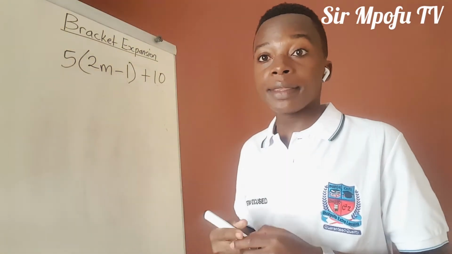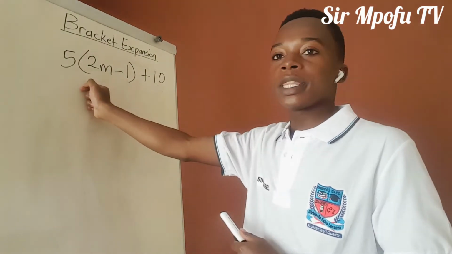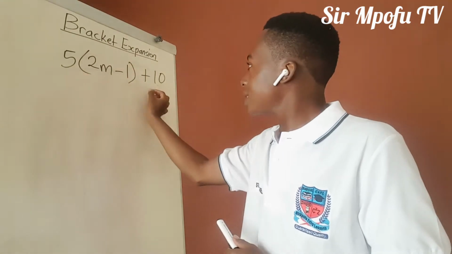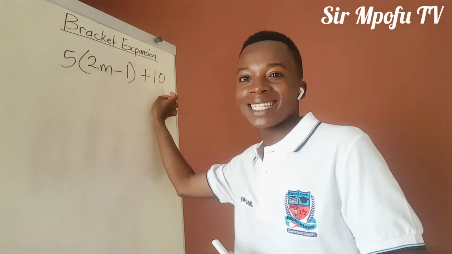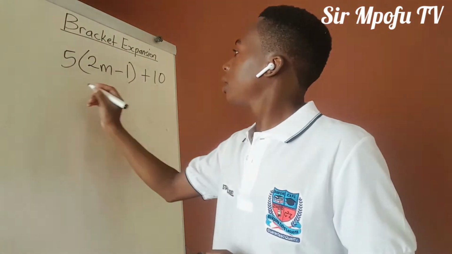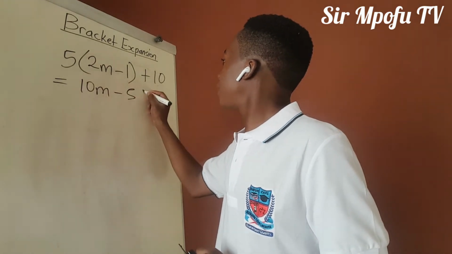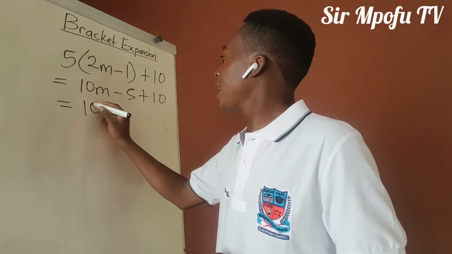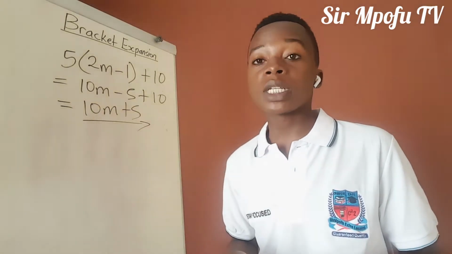I want you to understand this. This 10 is not multiplying the bracket. What is multiplying the bracket? It is this 5. Why? Because after you expand this bracket, then you say plus 10. So this one is going to be 10m minus 5 plus 10. Then your final answer will be 10m plus 5, because minus 5 plus 10 will be positive 5.